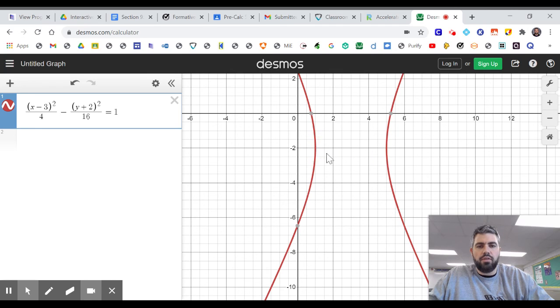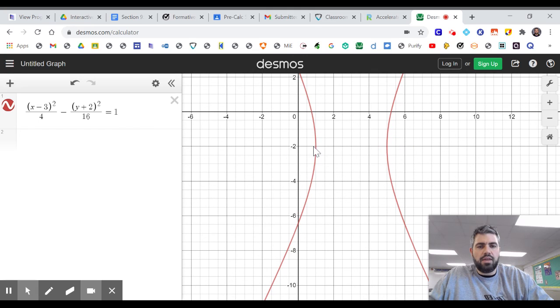Okay, perfect. And then we obviously can't see our conjugate axis here. But our foci, we said, are going to be at the square root of 20, which is between 4 and 5. So it'd be about right here. That would make sense. And then same right here as well. Okay, so that's pretty good.